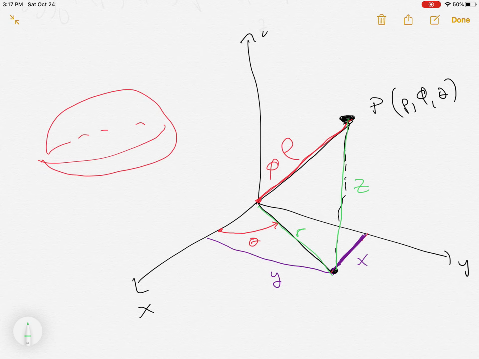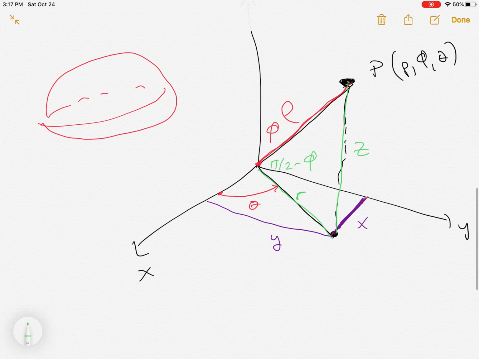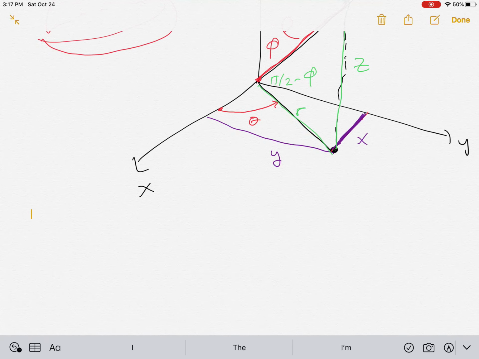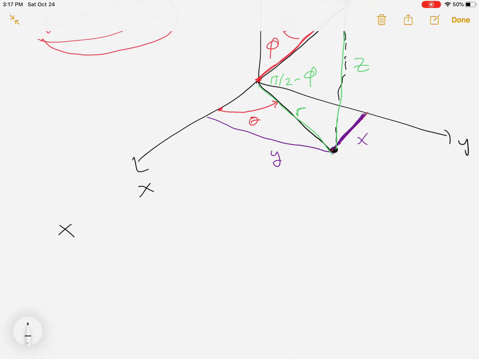And if you start messing around with, for example, this angle, which is pi over 2 minus phi, and you put a line here, that's r. If you play with all of these and do a bunch of trigonometry, you wind up with this cool set of relationships. In rectangular coordinates we have x.